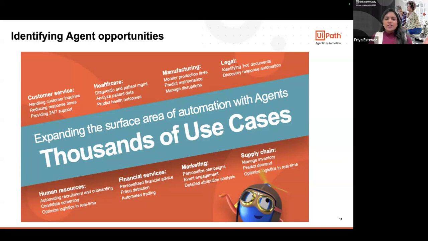In this case, there are different industries being displayed, like the customer service industry handling different inquiries. There doesn't have to be a human answering all the queries every time, because the same inquiry could come in 100 times a day, seven days a week. If that is the case, it could be given to the agent, because you've already built that knowledge base.